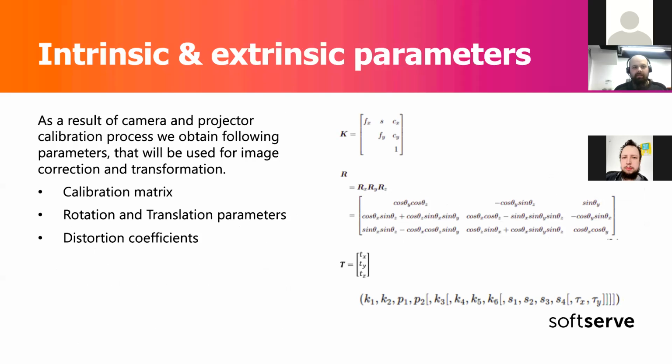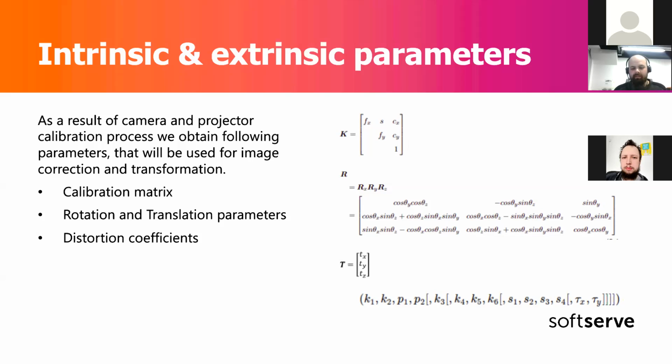We need the intrinsic and extrinsic parameters, mainly the calibration matrix, which consists of the principal point, skew, and focal distance. It's worth remembering that the skew is not taken into account much, for example, in OpenCV, but it is possible that a skew factor is embedded in the camera.